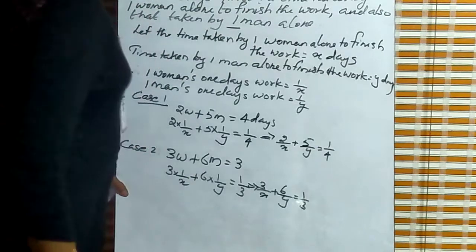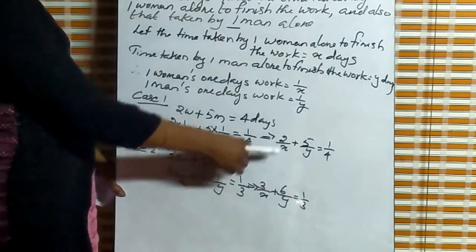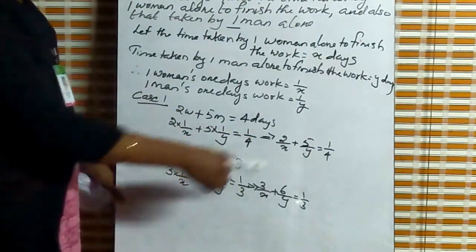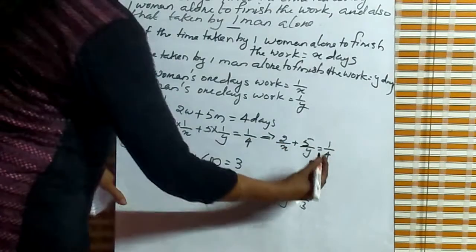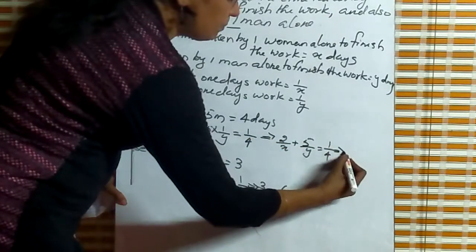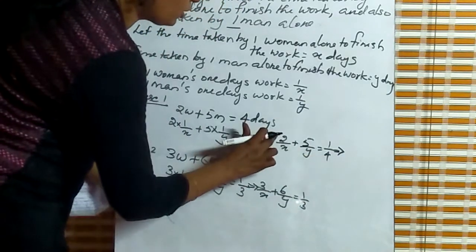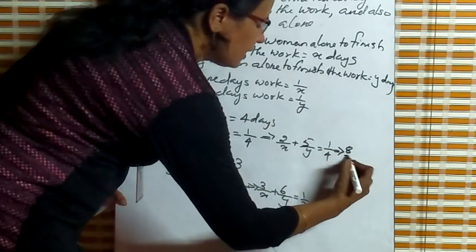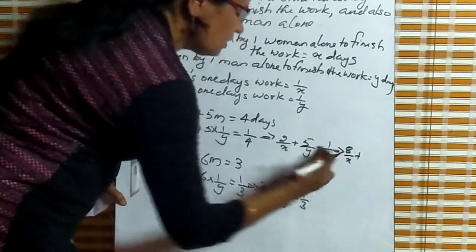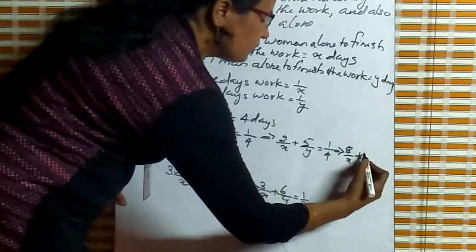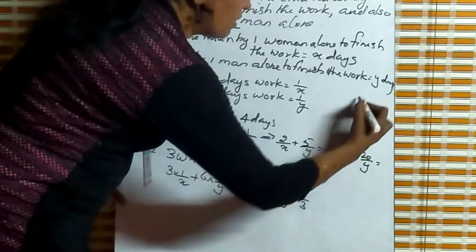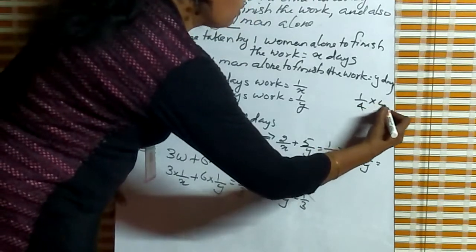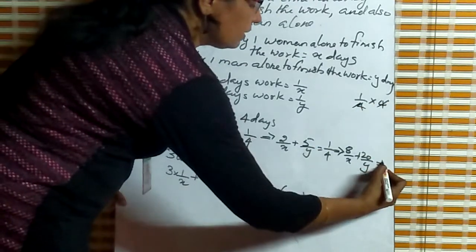Here we will get 2 equations, but these equations have fractions. Remove this fraction. We multiply throughout by 4: 4 into 2, 8 by x plus 4 into 5, 20 by y is equal to 1 by 4 into 4, 1.